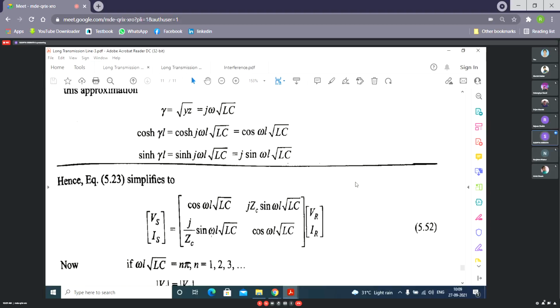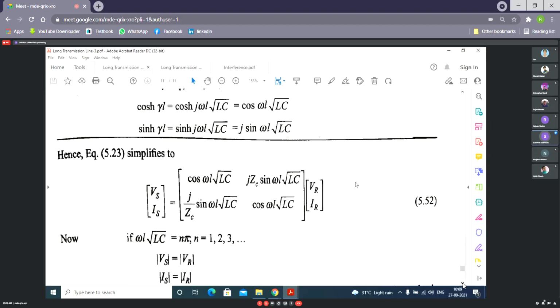This will be 0, this will be 0. And the cosine terms may be 1, may be minus 1. But whatever may be the case, the magnitude will remain the same, because when omega L root over LC equals n pi, this term becomes 0.